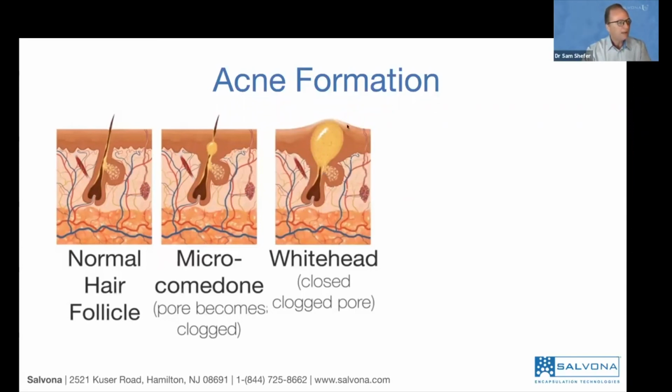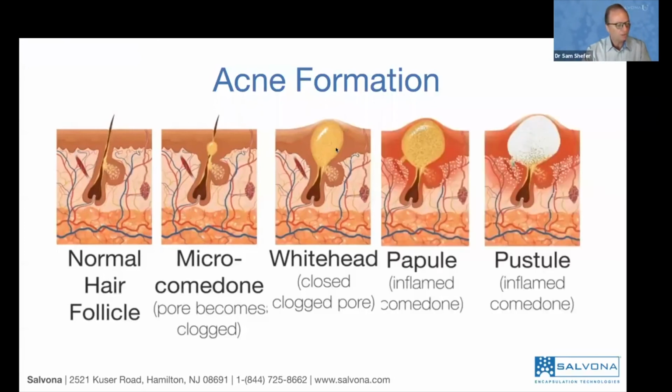A whitehead is a closed comedone, as you can see here, and there is accumulation of fat under the skin. You don't see the hair, but the hair is probably coming out. We start to see what we call a whitehead, and I will show you some pictures.